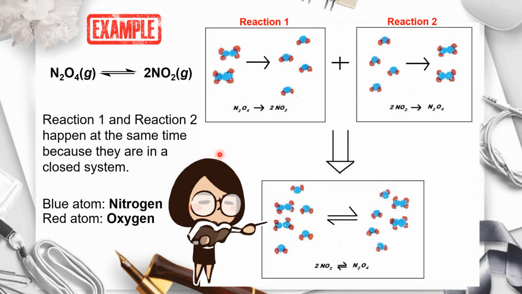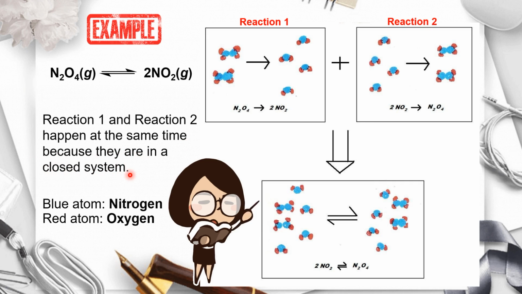Next, for example, let's say N2O4 gas decomposes to become 2 moles of NO2 gas. The NO2 gas will react together and form back N2O4. So reaction 1, which refers to N2O4 producing 2 moles of NO2, and reaction 2, that is 2 moles of NO2 producing N2O4, happen at the same time because they are in a closed system.